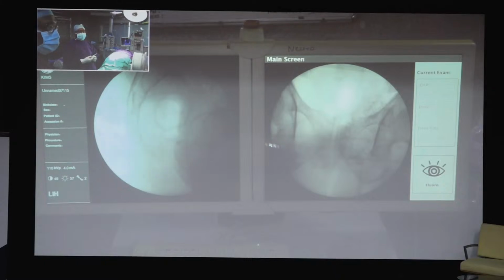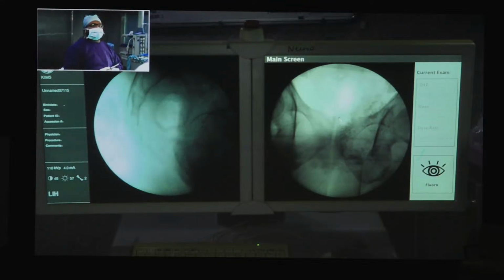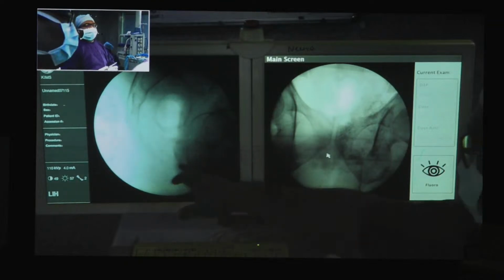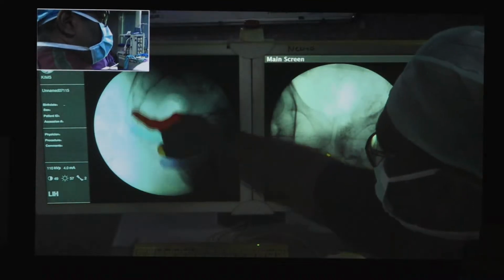So that is the midline which was just shown. We would like our needle and drug spread to be in the midline as much as possible. And on the left of the screen is the lateral view showing the sacrum and coccyx. That is the coccyx, that is the sacrum.